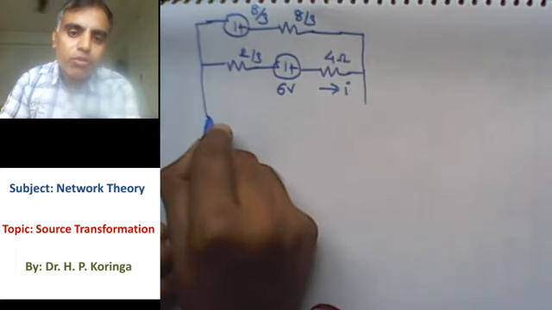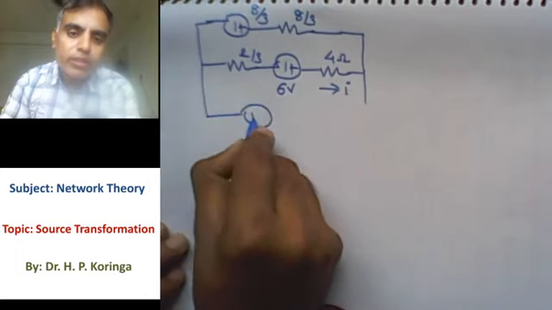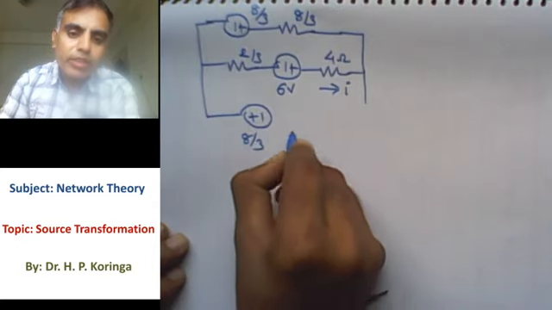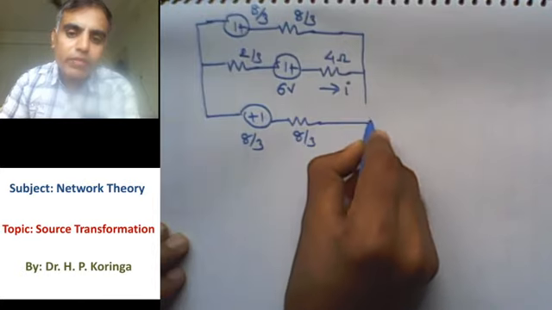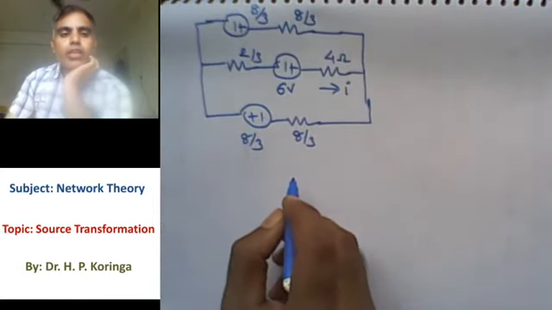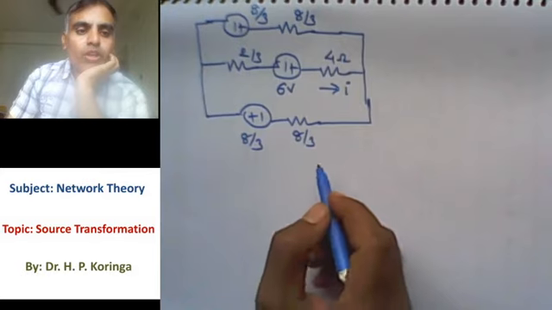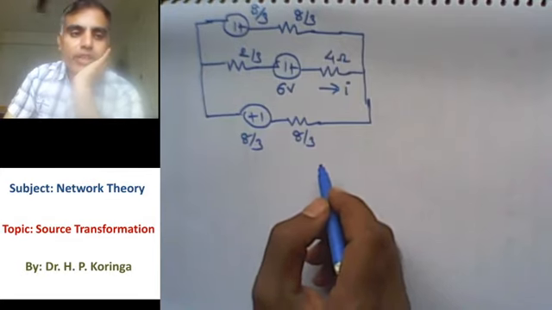Similarly, here also we get 8 by 3, and the resistance is also 8 by 3. Okay, now there are two voltage sources in parallel, so we can't do anything with them.